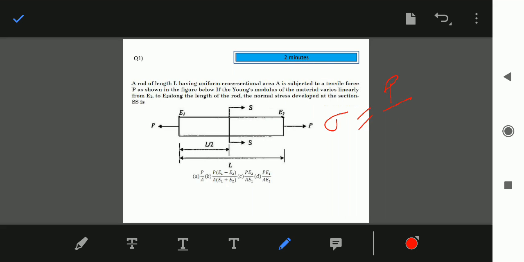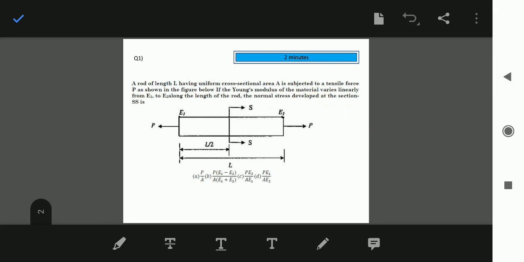It's load upon area. Sigma equal to load upon area, and it's independent of Young's modulus. Therefore, in any section, as area is uniform and load is also constant, sigma equal to P upon A. So option A is correct. Easy question. Let's move on to the next question.